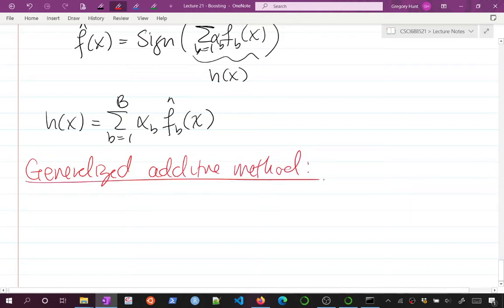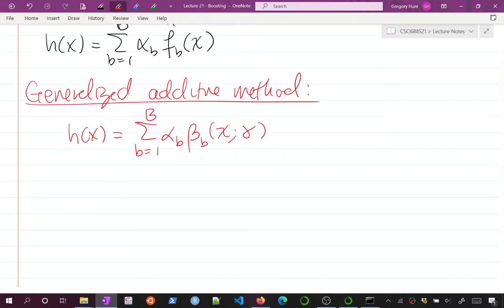The generalized additive method would be h of x is some weighted sum of alphas times some, let's call them beta of x, and beta is going to be parameterized by some set of parameters, gamma. So these betas are basically a set of basis functions.